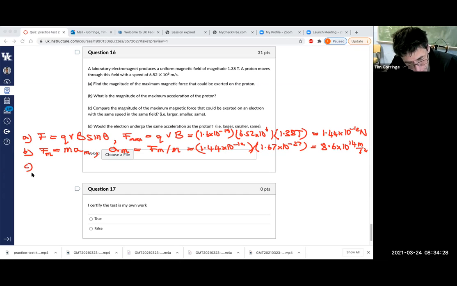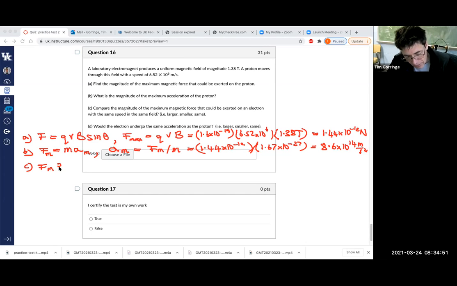So let's start with the force, the maximum force on the electron. Well, it has the same size charge as a proton. They're both 1.6 times 10 to the minus 19 coulombs. It has the same velocity as the proton. They're both 6.52 times 10 to the 6 meters a second.